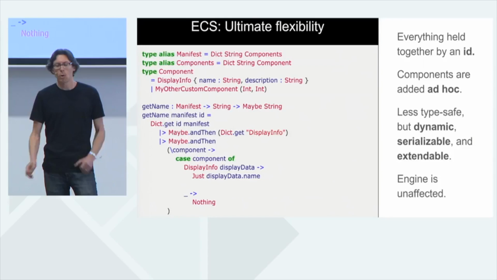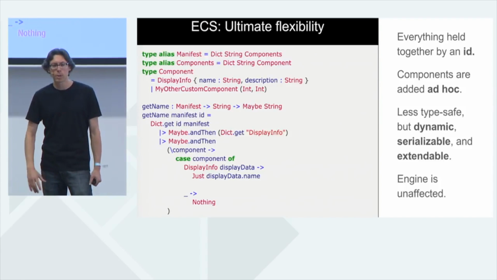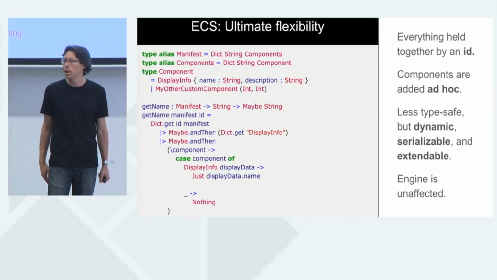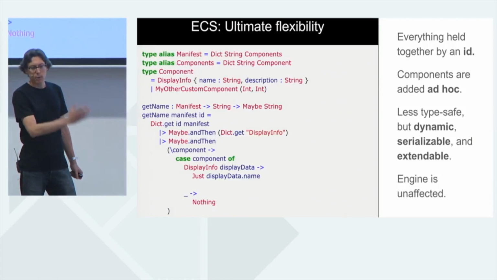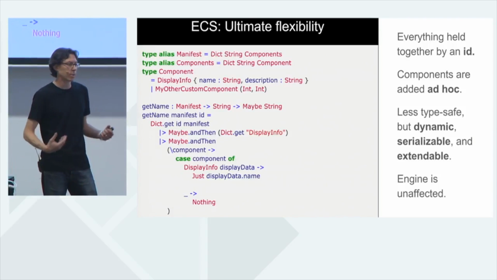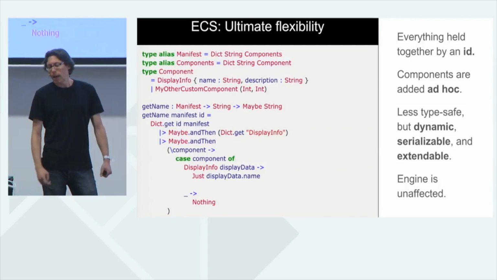And this is kind of what it looks like in Elm. I decided to use dictionaries to hold all the entities, and each component that you want to associate with an entity is also held in a dictionary. So you have to kind of drill down to fetch a component out.